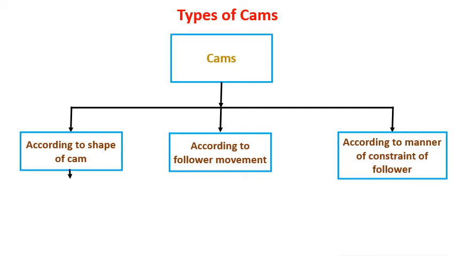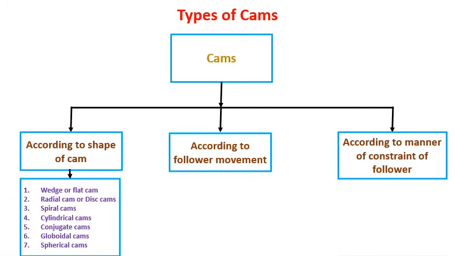According to the shape of the cam, it is majorly divided into seven types. First one is wedge or flat cam, second one radial or disc cam, third one spiral cams, fourth one cylindrical cams, fifth one conjugate cams, sixth one globoidal cams, seventh one spherical cams. These are different types of cams according to the shape of a cam.